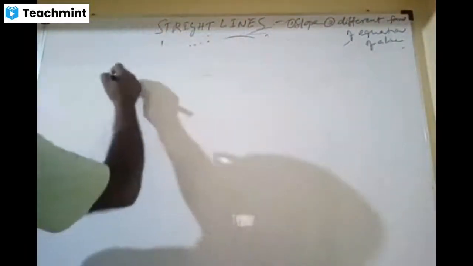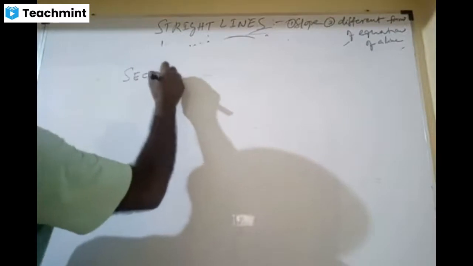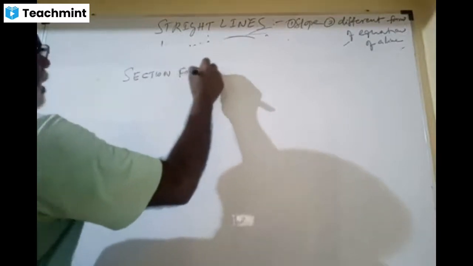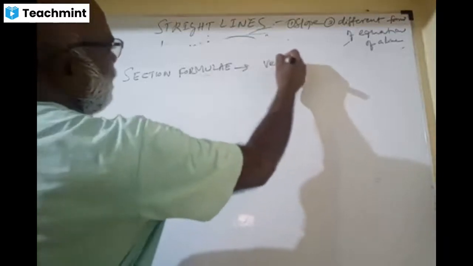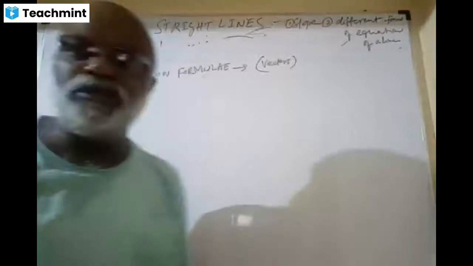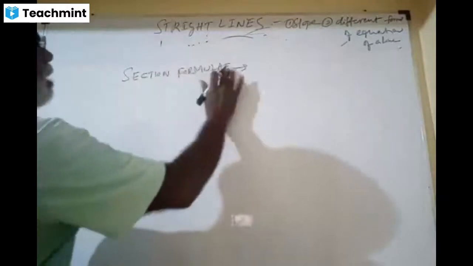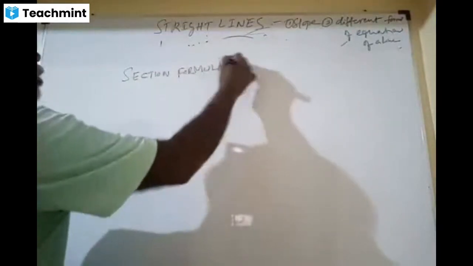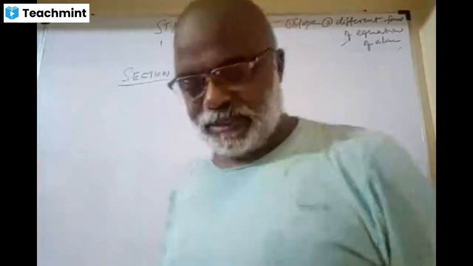Before that, friends, one more point we studied is the section formula. Do you remember? Even 10th standard students study it in vectors. At the vectors level, you have a section formula. So you can't afford to forget the section formula. What is the section formula? Who will tell me? How do you describe the section formula?